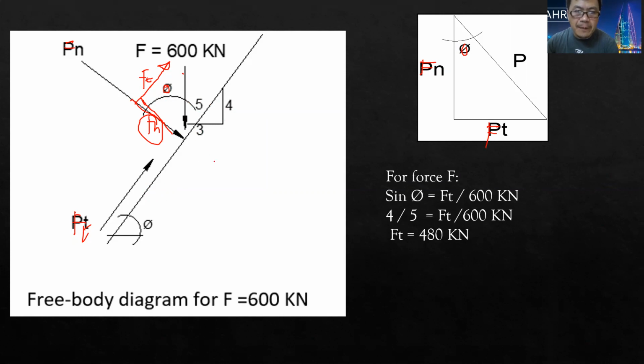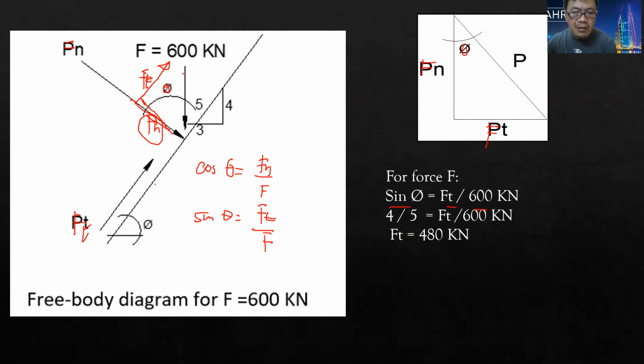For Fn, it is just cosine. Cosine theta is equal to Fn over F. And sine is the opposite. Sine theta is equal to the opposite, Ft over F, which is 600.